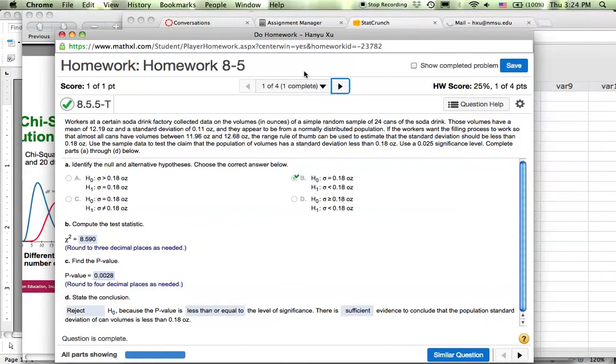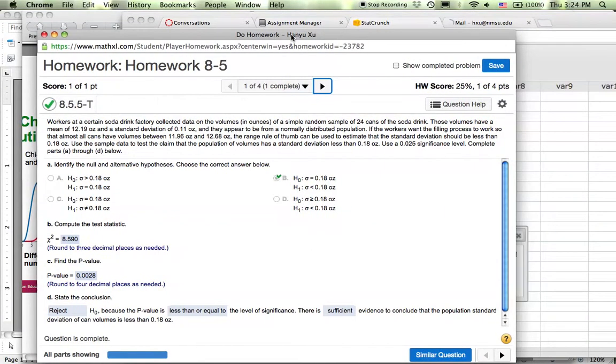The second example I'm going to show you is a homework question. Homework 5.5, question number 1. So this one, it says we have a certain soda drink, simple random sample, which is good, 24 cans, and the volume is this, standard deviation is this 0.11 ounce.